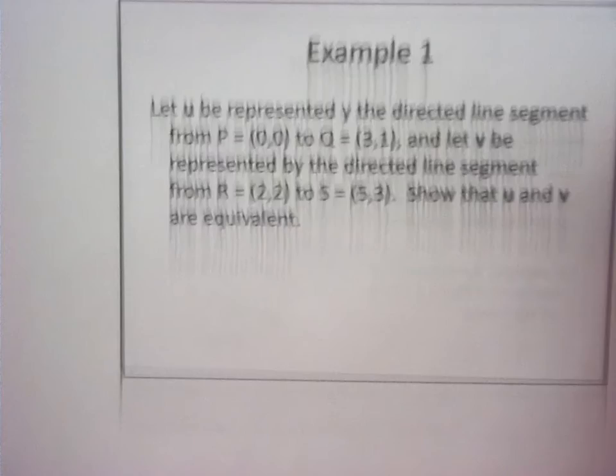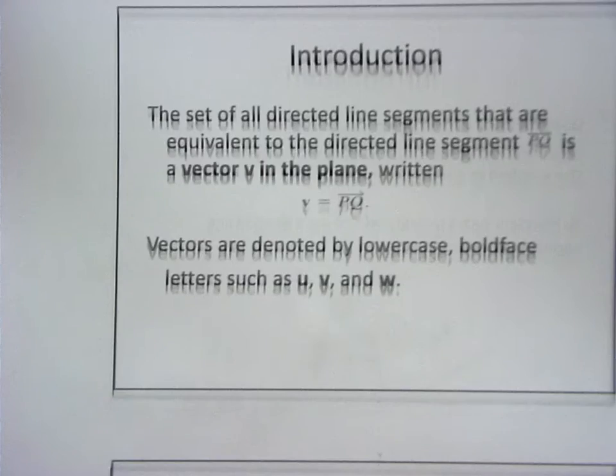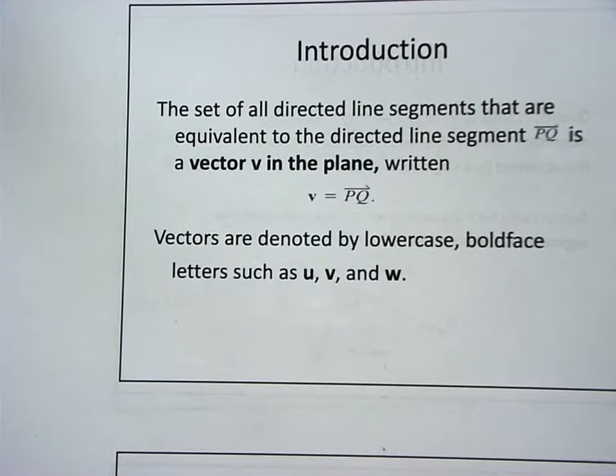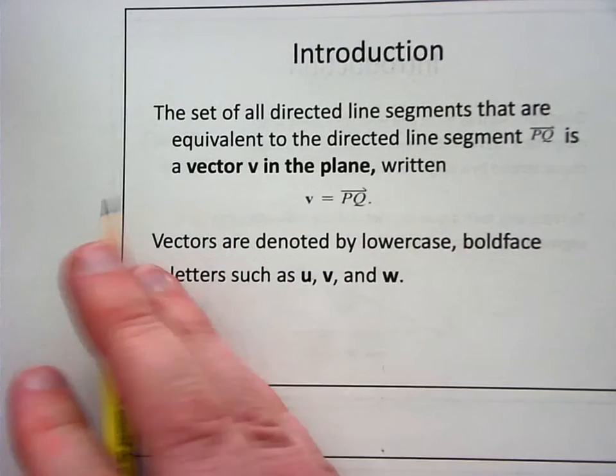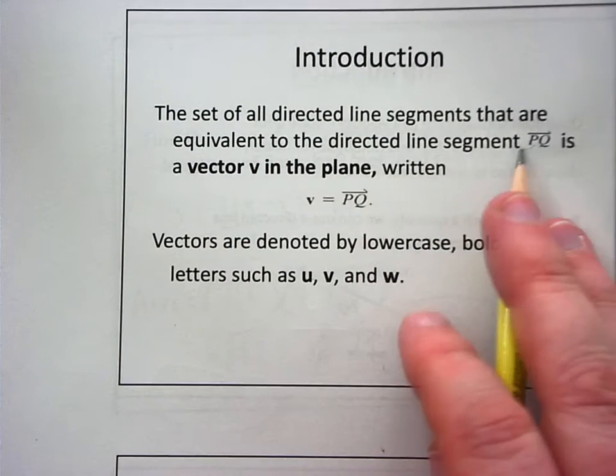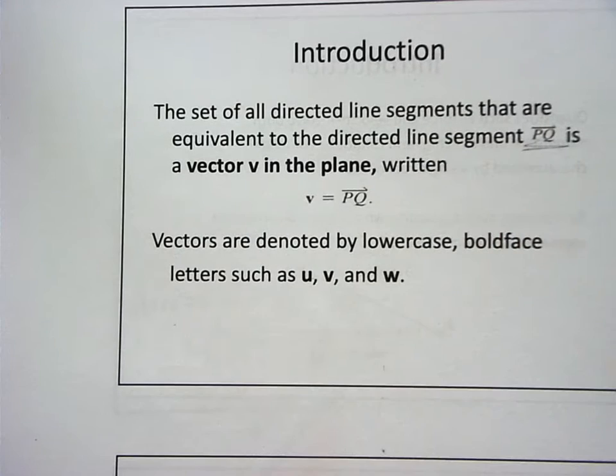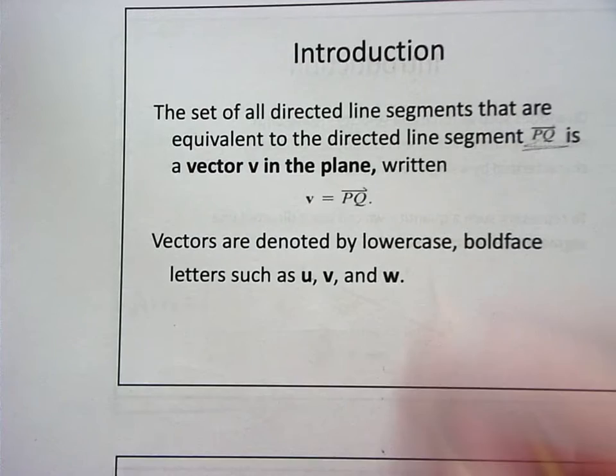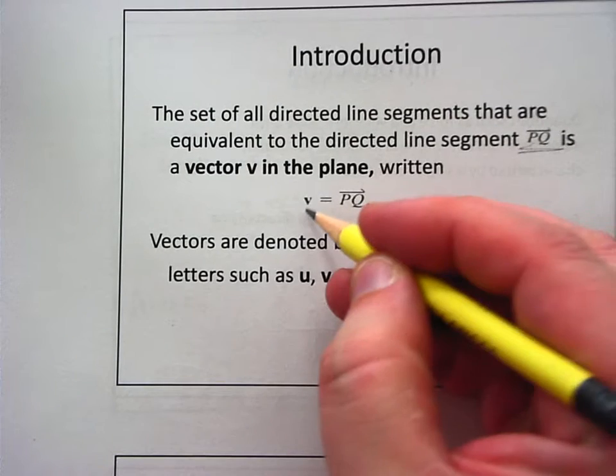Now, they'll also rewrite these so you're only dealing with one letter instead. So, if I have all directed line segments that are the same as this PQ, rather than say from that specific point P, because that point P could be at 7,8 and Q be at 25,4, and you have a line going from one to the other, since you can reposition it, they'll label it as v like this.